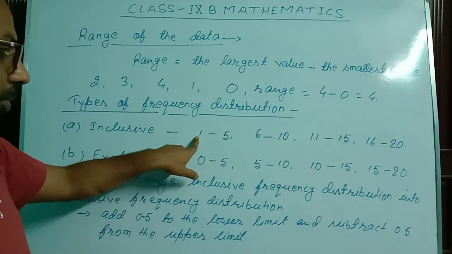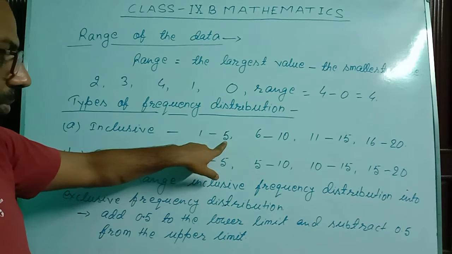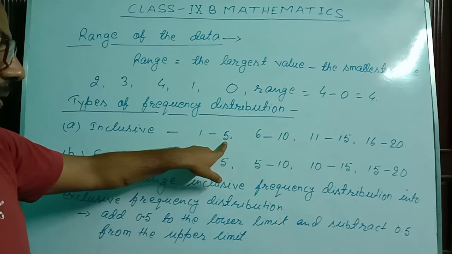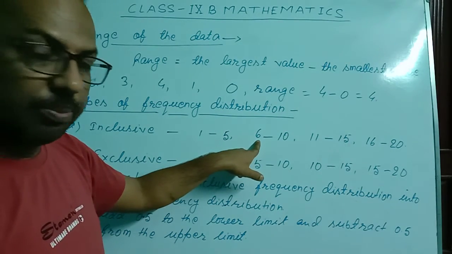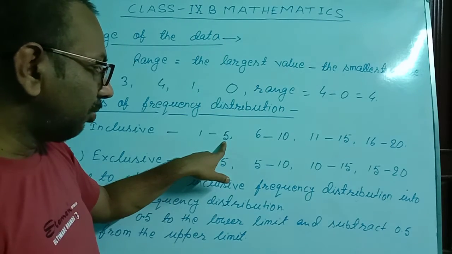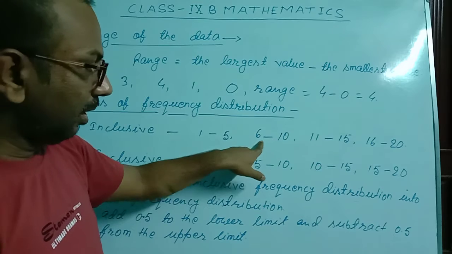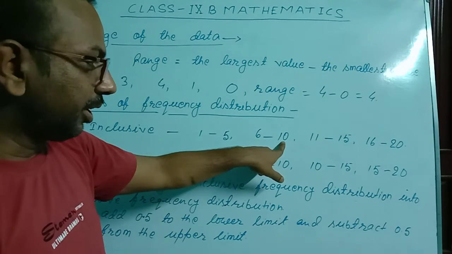As per the rule, if you subtract 0.5 from 1, you will get 0.5, and if you add 0.5 to 5, you will get 5.5. Similarly, if you subtract 0.5 from 6, you will get 5.5. So here the upper limit was 5.5 and here you are getting the lower limit 5.5. Here you add 0.5 and get 10.5.